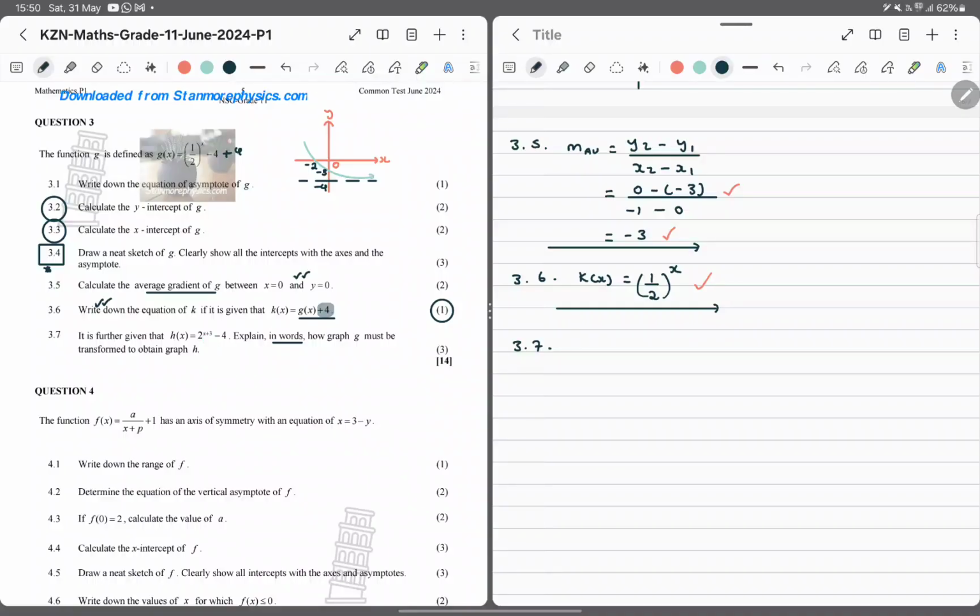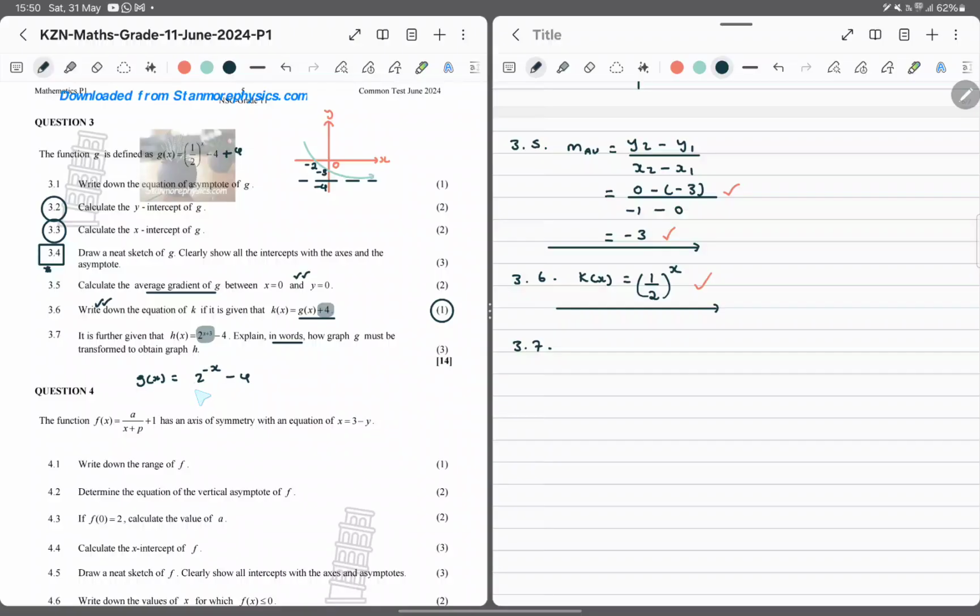Well, we can see here we manipulated this graph horizontally. Now we need to create a nice template that we are going to explain. So let's reverse this whole thing and make it look like the other one. We know that g of x was basically 2 to the minus x minus 4.